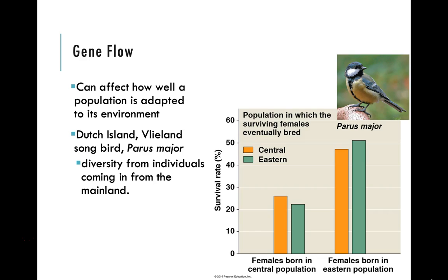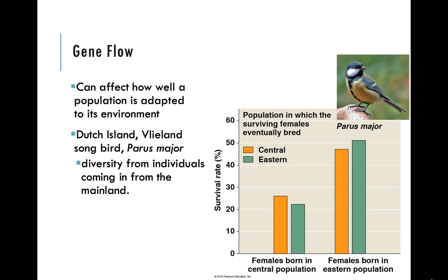So if you are a female born in the central population, either you are a bird that's already here, or you're a bird that has come in from the mainland and laid your eggs. If you're born in the central population, you have a smaller chance of survival than a female that's born in the eastern population.